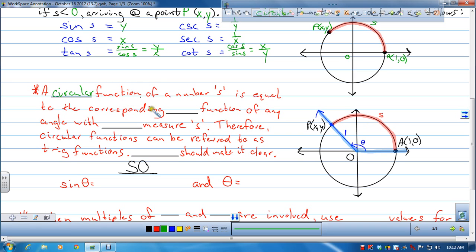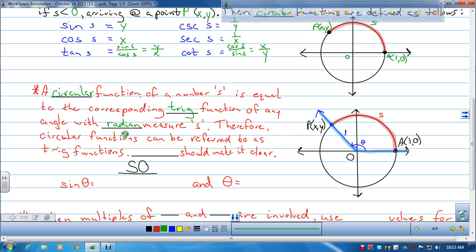That's going to be equal to the corresponding trig function of any angle with radian measure equal to s. Remember, when we gave those radians, we gave them in terms of theta. So theta is going to be a certain number of radians instead of degrees. It's all related.